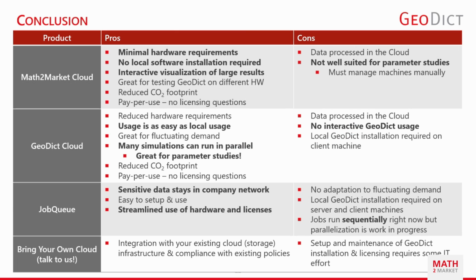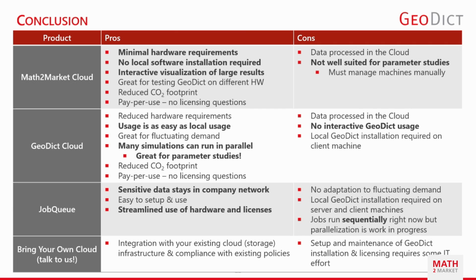Then there is the JobQueue, which has the large advantage that any sensitive data can stay completely within your intranet, in your company network. It is easy to set up and use, and it allows for streamlined use of your local hardware and licenses. So it makes efficient use of licenses if it's running 24/7.